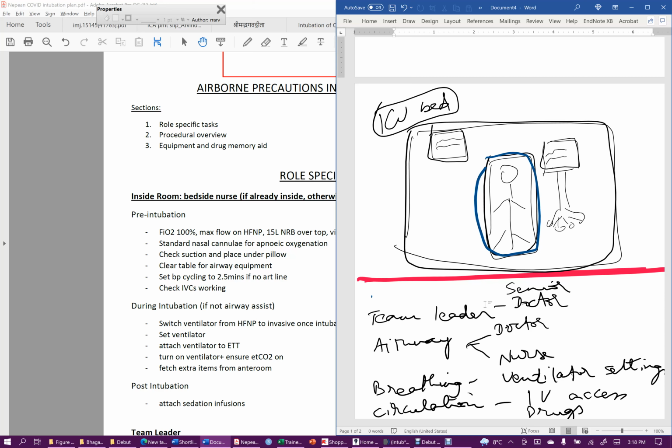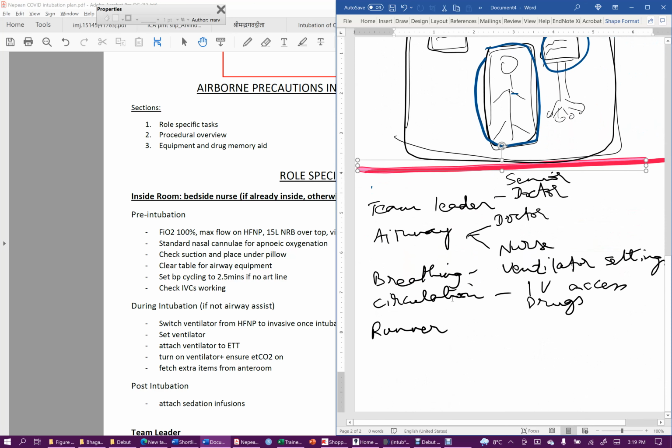Most likely you will have an ICU nurse standing by the bedside, organizing the ventilator, making sure the IV access is good, adjusting the high flow nasal, all of these things. This red line here is the outside of the room, and the rest of the team does not enter that.